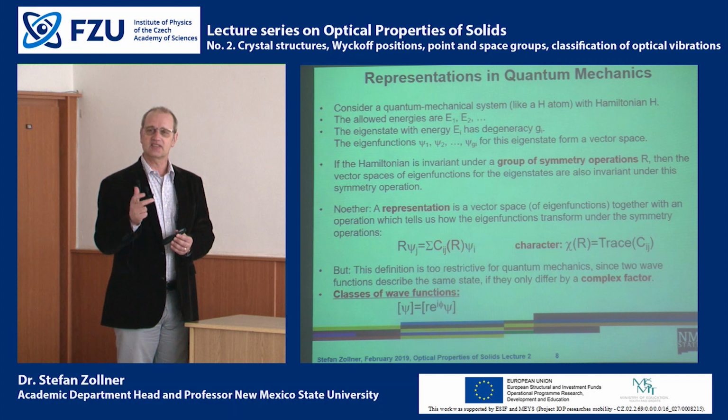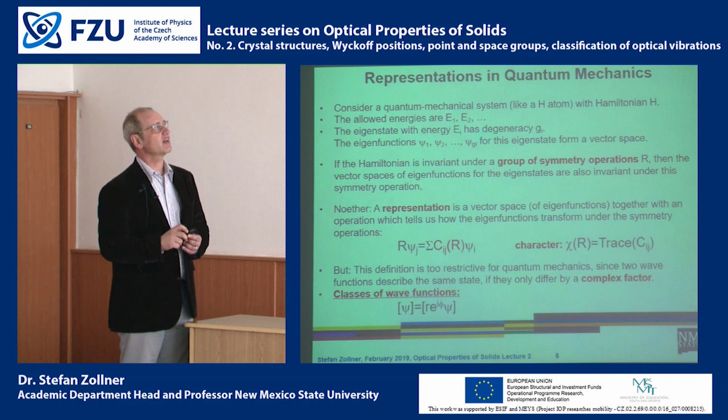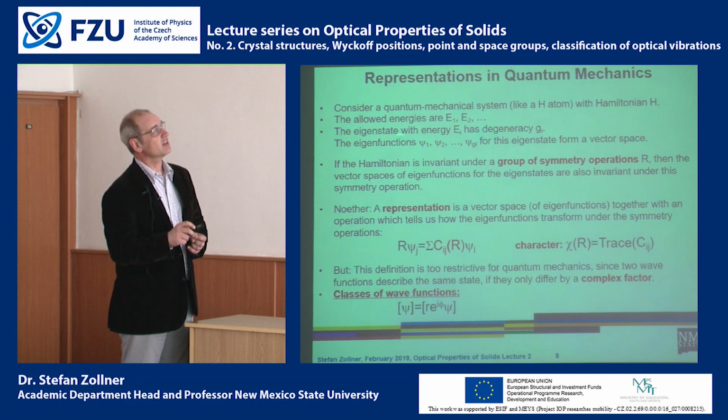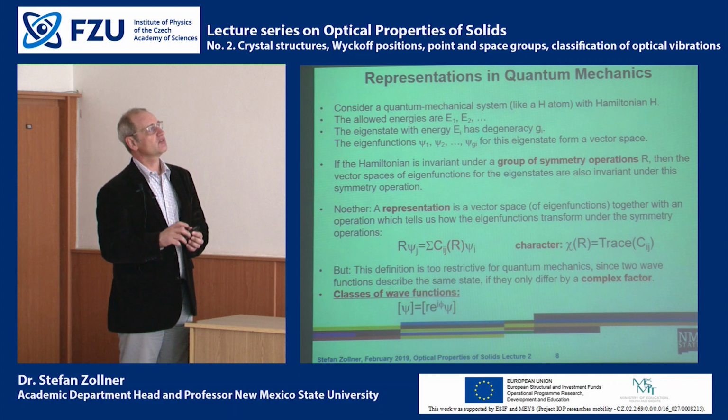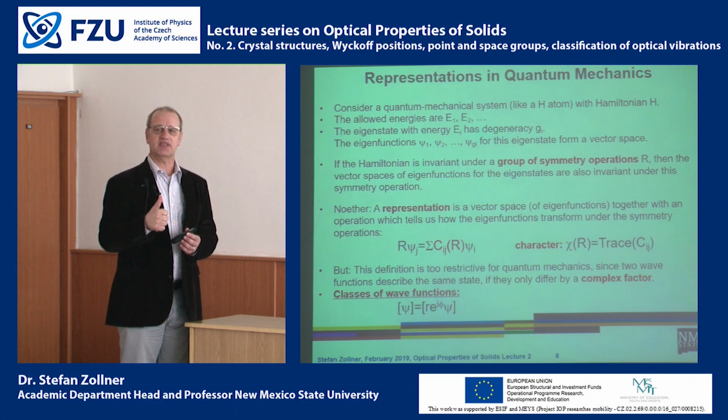So what the representations tell us is how the eigenfunctions transform under a symmetry operation of the Hamiltonian. So for example, for L equal 1, we have three solutions corresponding to the three directions x, y, and z.